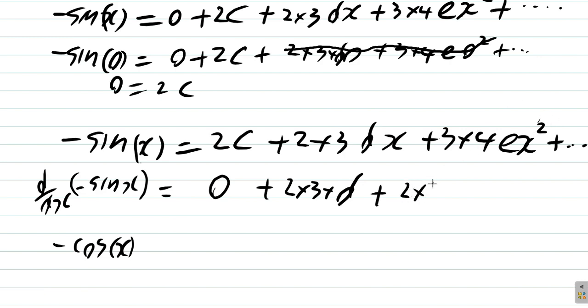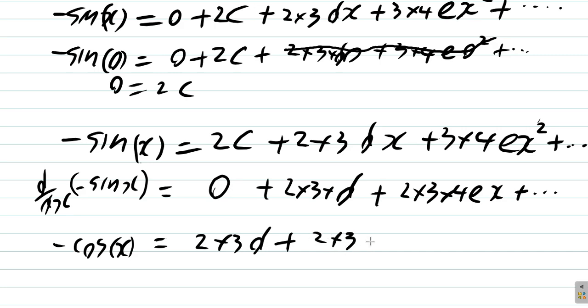It's going to be 2 times 3 times 4 e x to the power of 2, but you're going to reduce the power by 1. So it's ex plus, and so on and so forth. Now, if you have the derivative of negative sine x, you get negative cos x. Let's leave out this 0. We have 2 times 3d plus 2 times 3 times 4 ex plus.